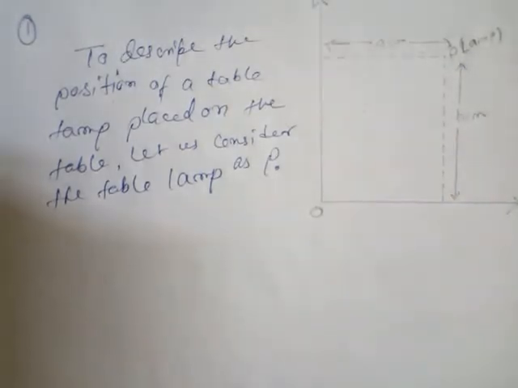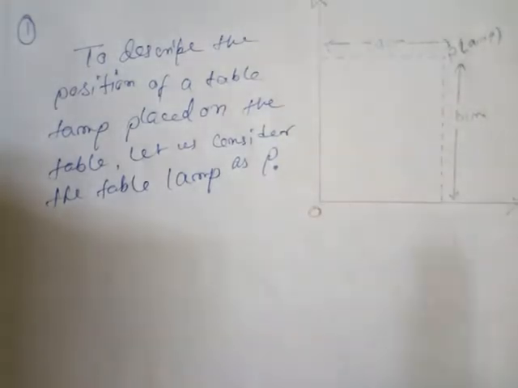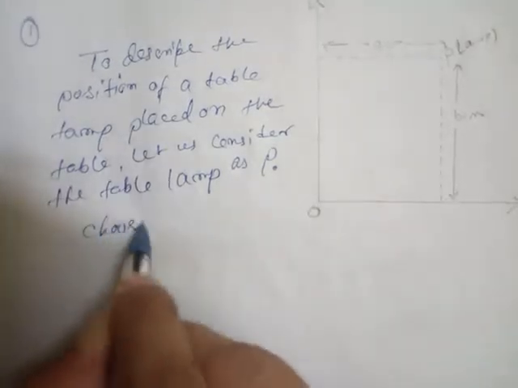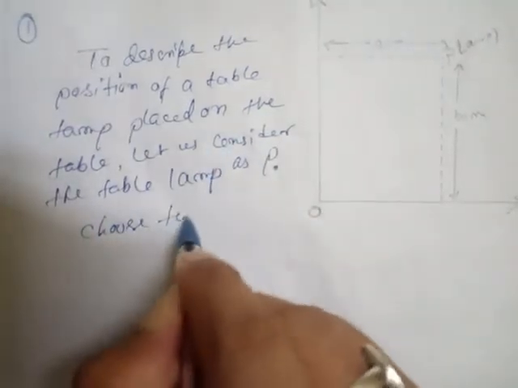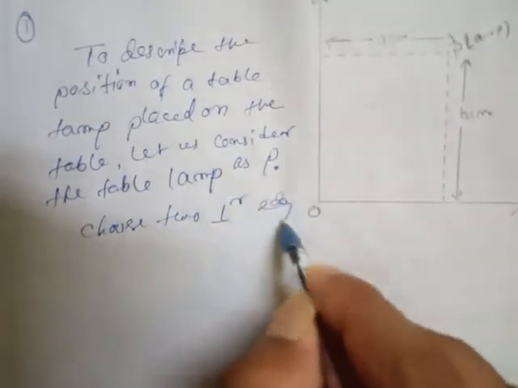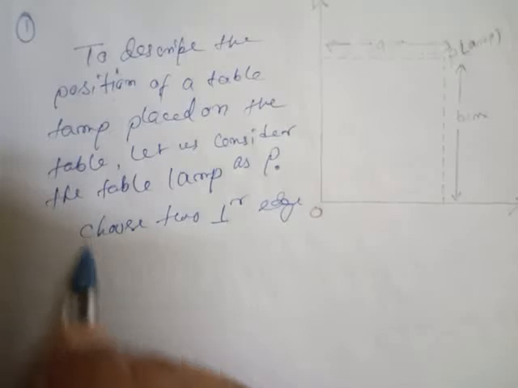Now look, we have to take two perpendicular edges, one is OY and one is OX. So write down here: choose two perpendicular edges of the table.